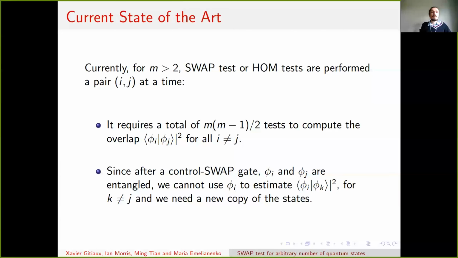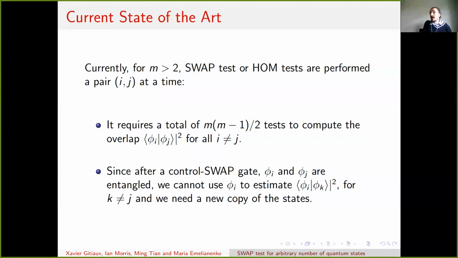So because of entanglement, once I've done my control swap, that's done. I cannot reuse phi1, neither phi2 to compute another inner product. Which means I need a new copy of the state. To compute phi1, phi3, I'm going to need a new copy of the state. There is nothing else I can do. So it could be very quickly wasteful.